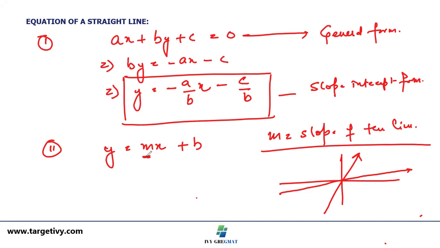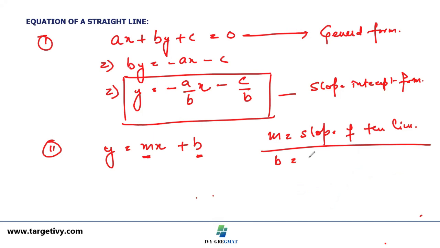The value of this m, positive, negative, etc., says how steep the line is. This b is called the y-intercept, or where the line crosses the y-axis.